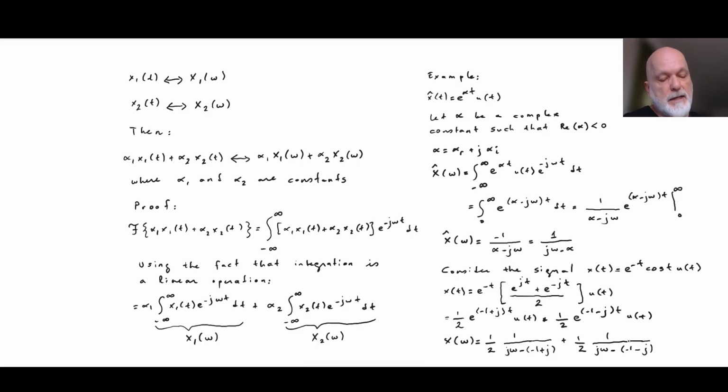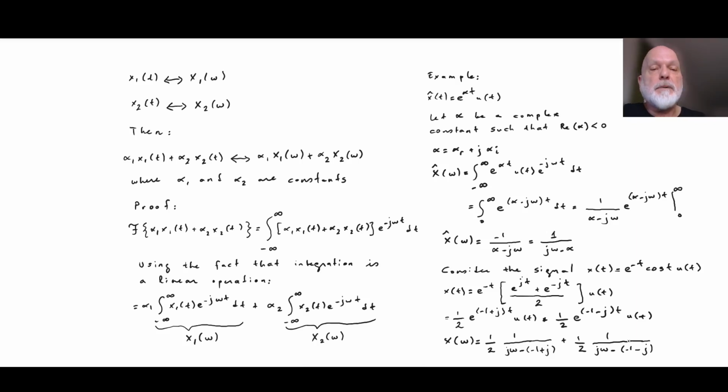But essentially, the important point here is that first we have obtained the Fourier transform of an exponential signal with a complex exponent, alpha, in the exponent of the exponential term. And we have the restriction that the real part of that constant alpha must be negative, so that we have a decaying exponential.